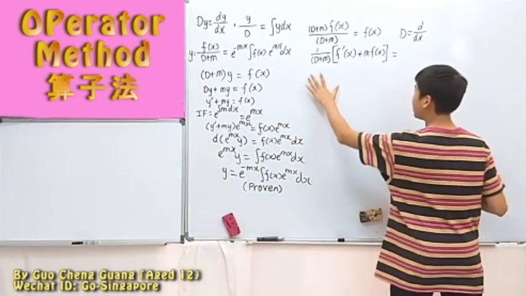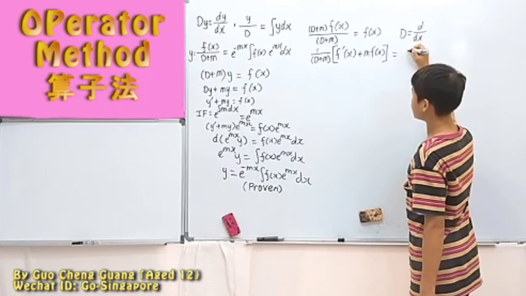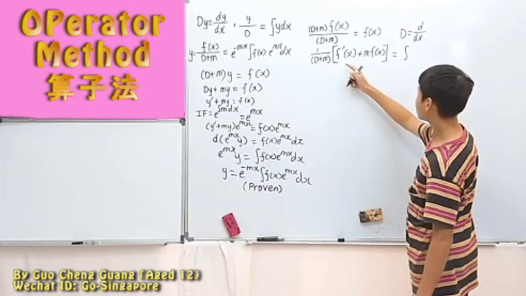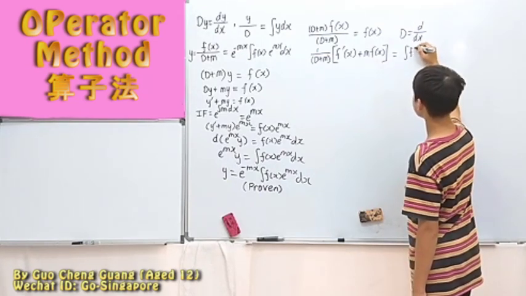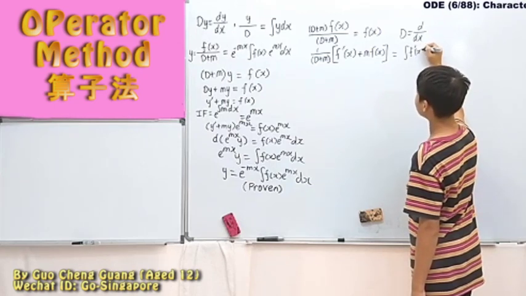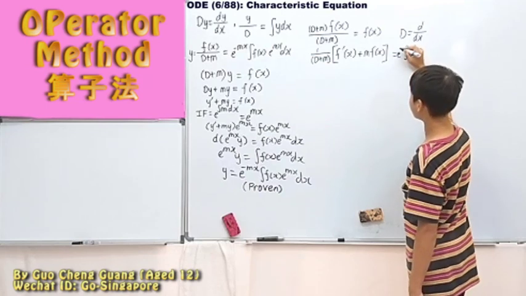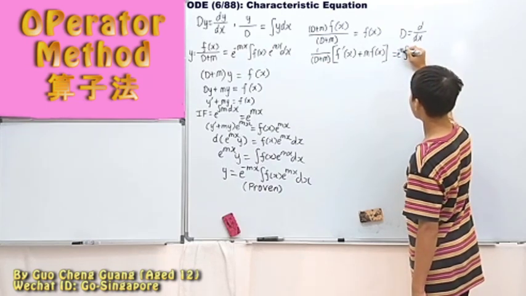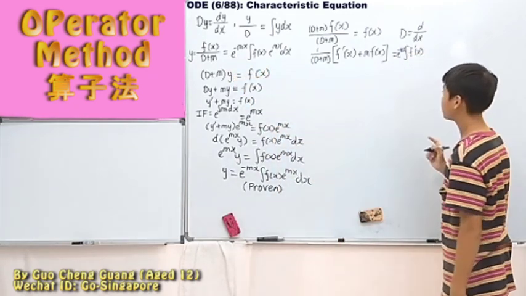Alright, then you have to integrate. For this integration part, you will integrate f prime. Now f prime, what would you have? You also have to be aware that you have an e to the power of negative mx out here, as we have just proven, right?